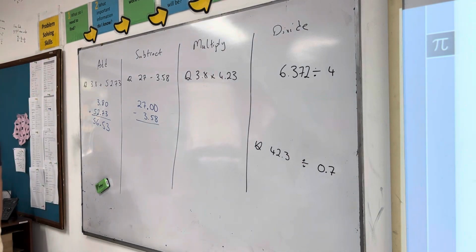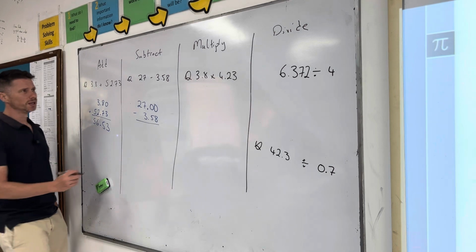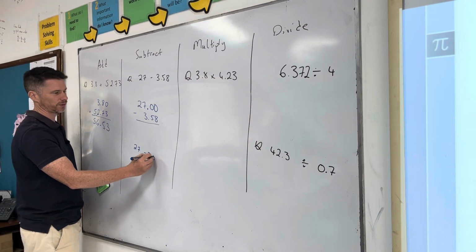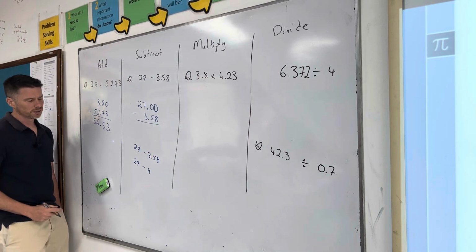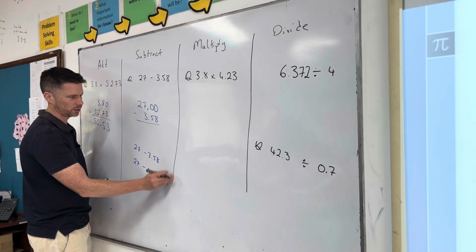Now some of you might be able to do this a little bit quicker with subtraction. Maybe you could think about, well, 27 minus 3.58, that's pretty close to 27 take away 4, isn't it? 27 take away 4 is 23.